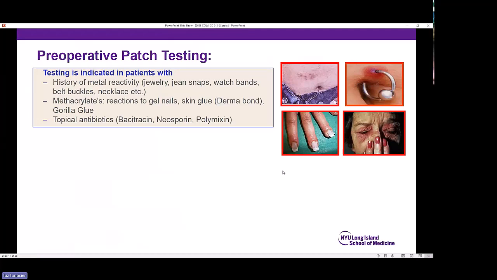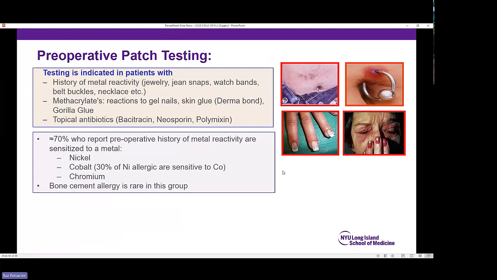For the acrylates, you can get a history from reactions to gel nails or skin glue, Dermabond or Gorilla glue. And there are also reactions to topical antibiotics, such as bacitracin, neomycin, polymyxin, which can be included in some joints when they're actually replaced. So 70% of those reporting a pre-op history of metal allergy are sensitized to an allergen.